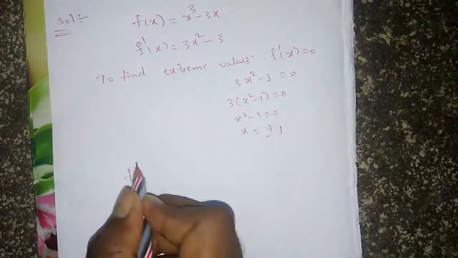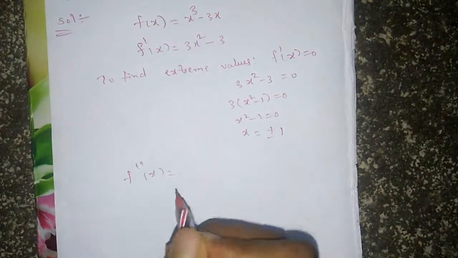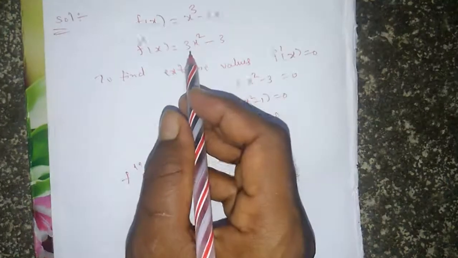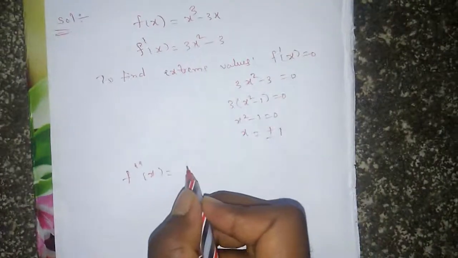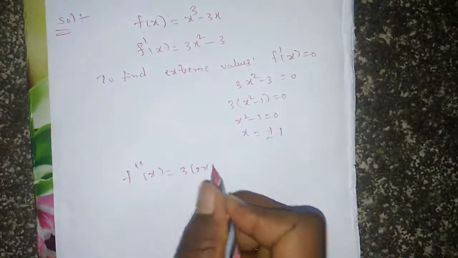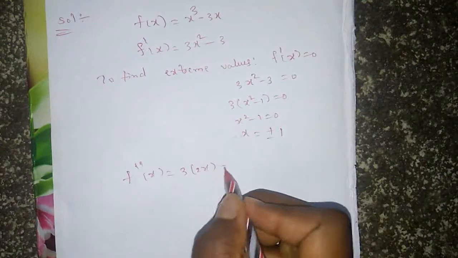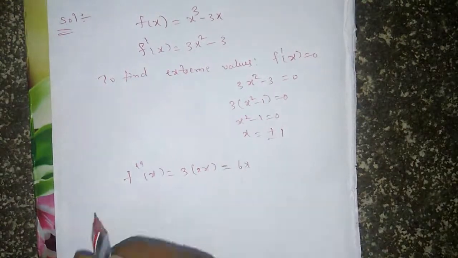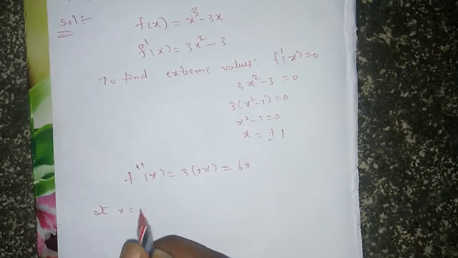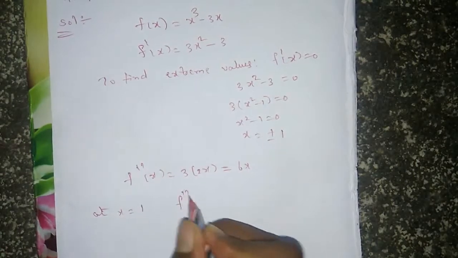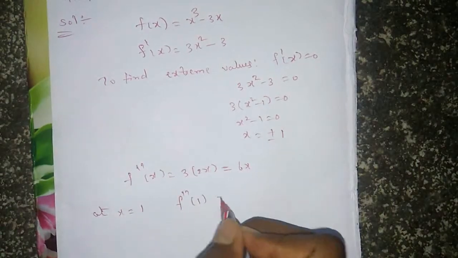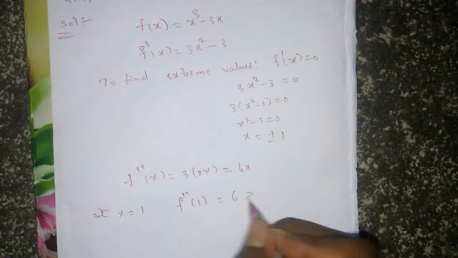So next, to find f double dash of x, that is second derivative. Here 3x square, that is 3 into 2x, derivative minus derivative of 3 is 0. This is equal to 6x. Now at x is equal to plus 1, f double dash of 1 is 6 into 1, that is 6, which is greater than 0.